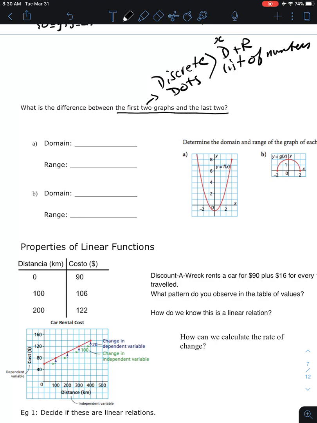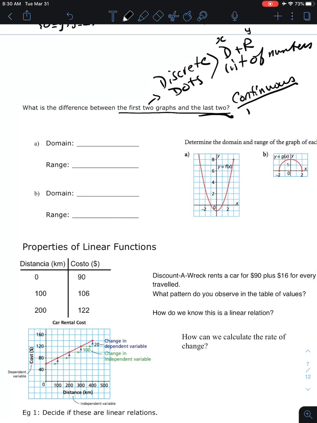Remember, x is domain, and the list of the y values for the range. The last 2 were continuous. And so when I have a continuous curve, my domain and range are a little bit different. Domain is what 2 values does the graph exist between for x and for y.